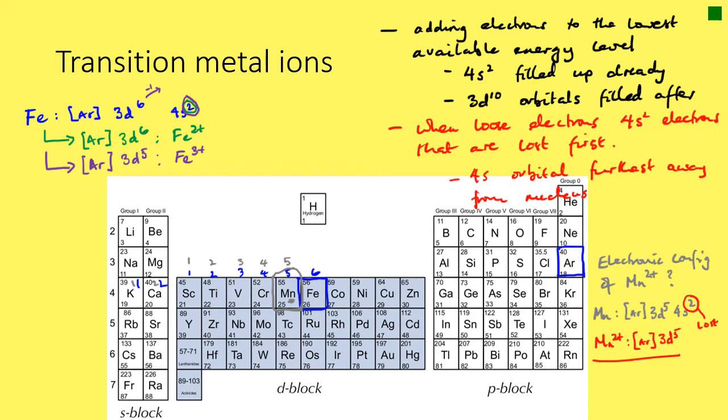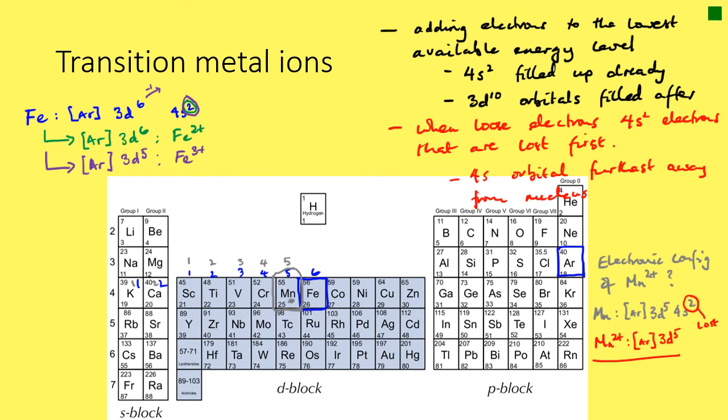Let's have another example, shall we? So let's say you had an exam question, and the exam question said, what's the electronic config of Mn2+ ions? So that's your exam question, and you have to write out the electronic configuration of manganese ions.